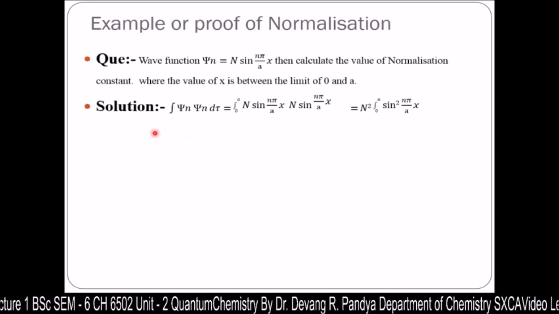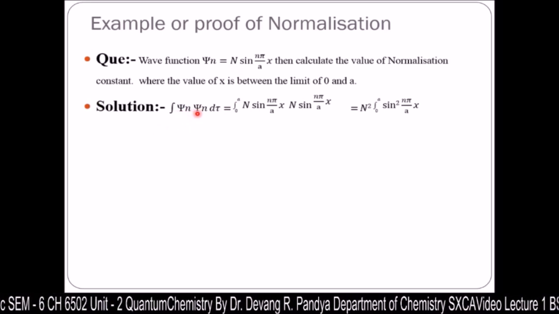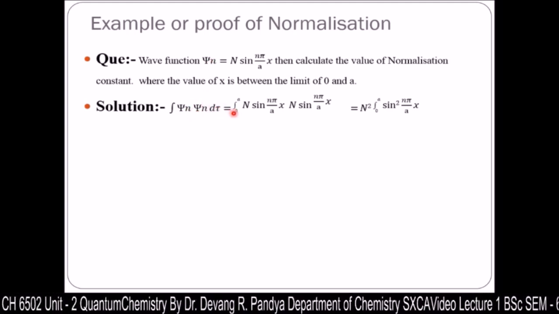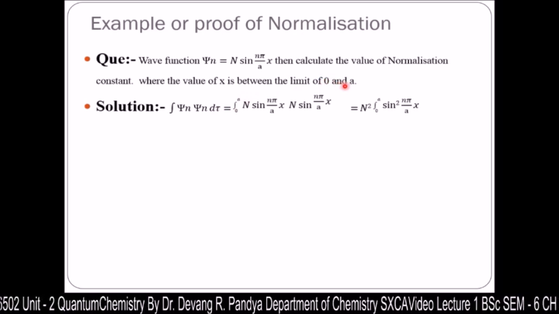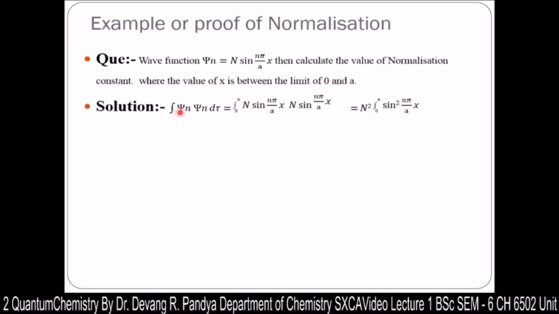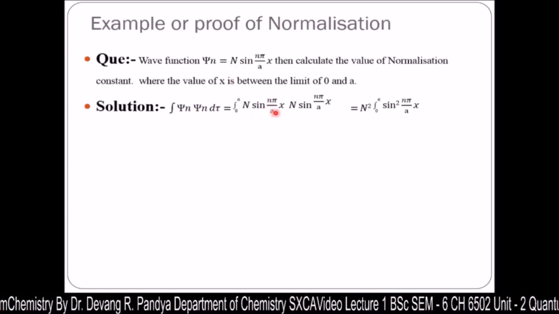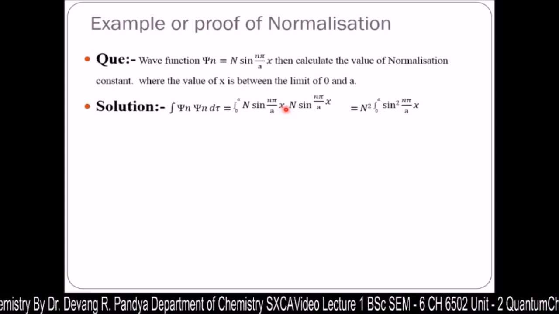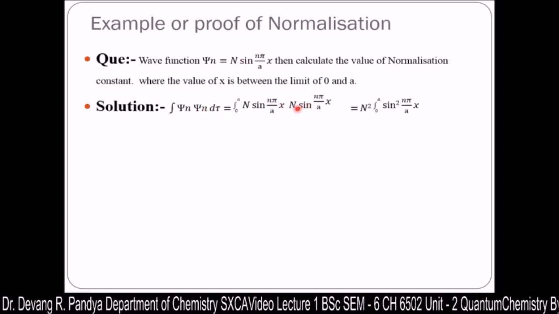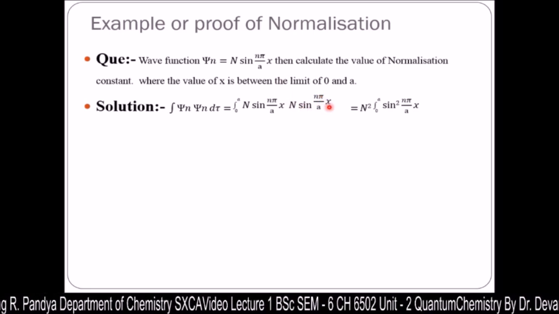Let's see the solution. Integration of psi n into psi n d tau is equal to, now there is the limit condition, integration from 0 to a. First psi n, that is N sine n pi by a into x, into the second psi n, so the same value we put here, N into sine n pi by a x.